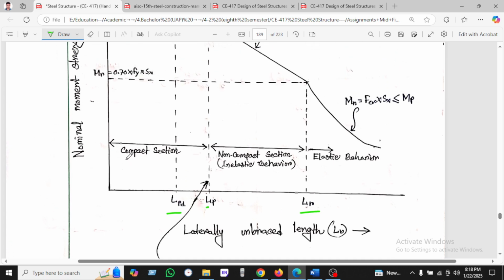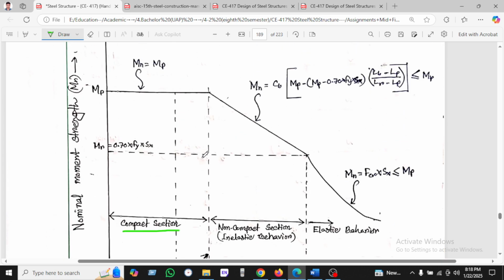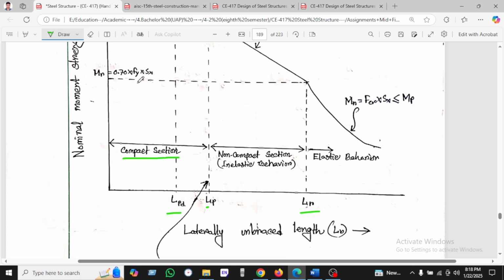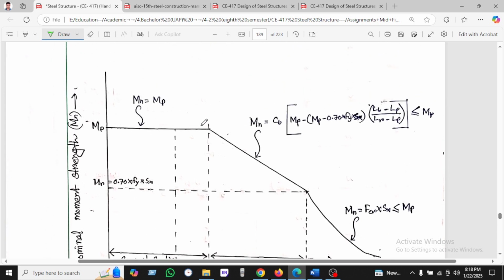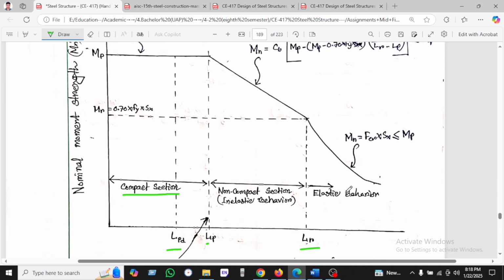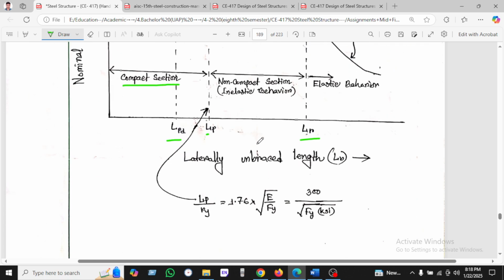Here is also the compact section, and Mr is given as 0.70 Fy Sx, and Mn equals Mp. Another nominal moment is found here with respect to different lateral unbraced lengths, and we can also find Lp from this formula.